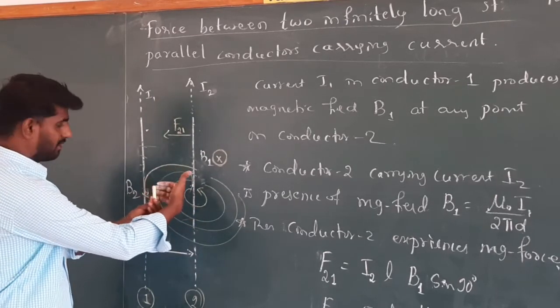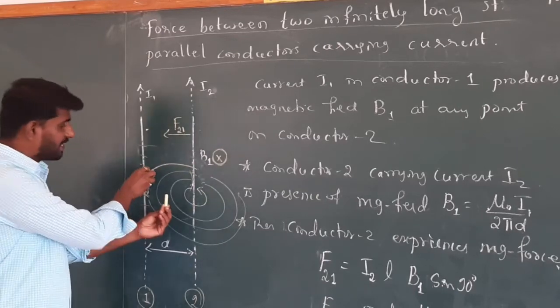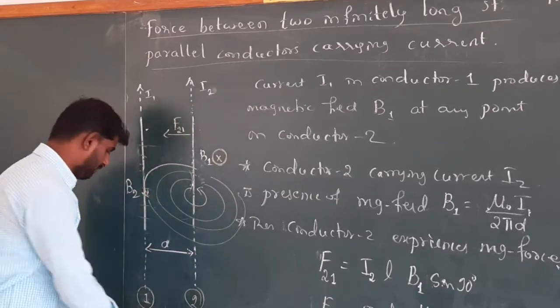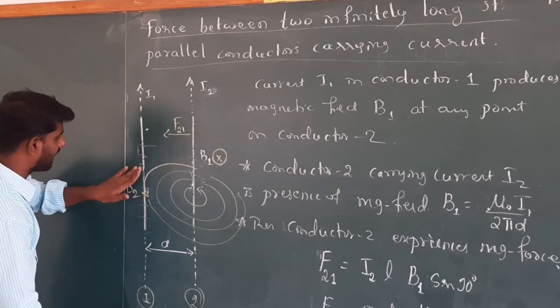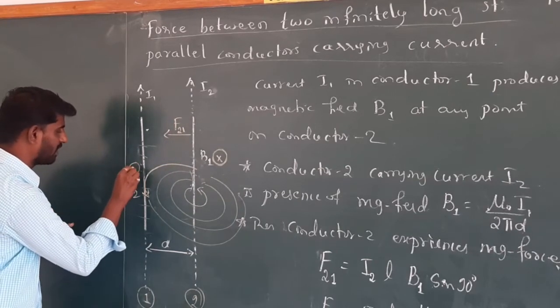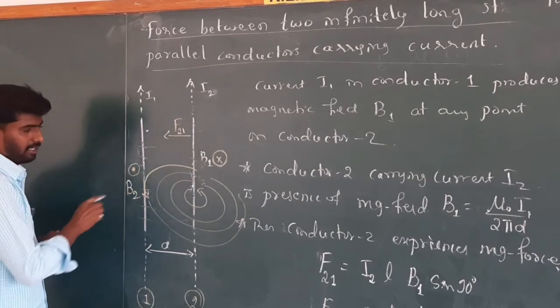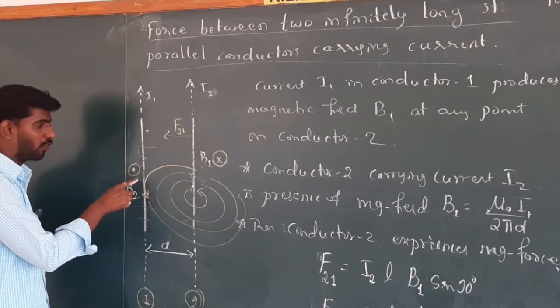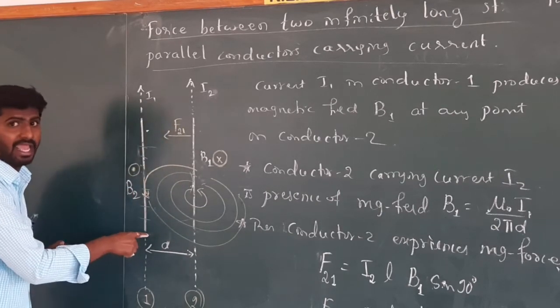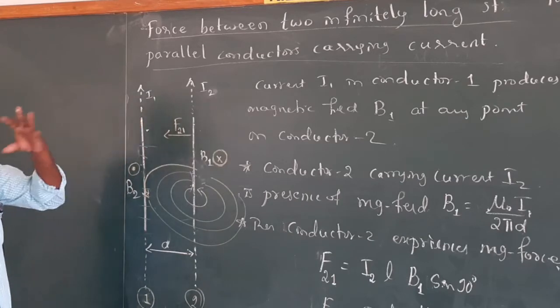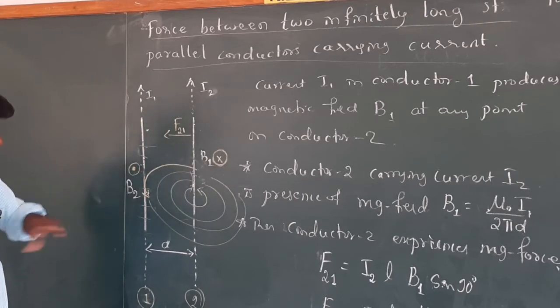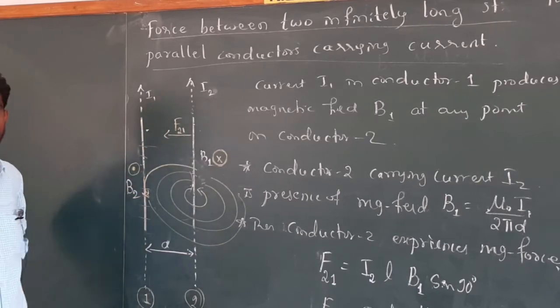See my fingers, these are like this. So it means directing outward. So the magnetic field is perpendicular to the plane and it is directing outward. Outward, so how do I draw the symbol? Like this. It is a point. It is directing outward. At all these places the magnetic field is perpendicular to the plane and directing outward. So at all the points it is directing outwards.